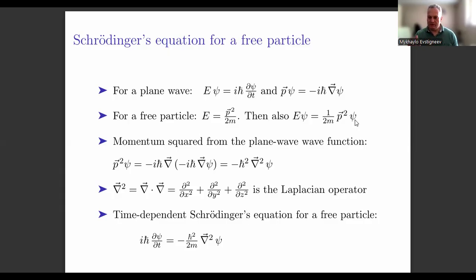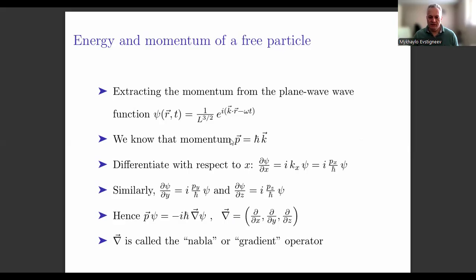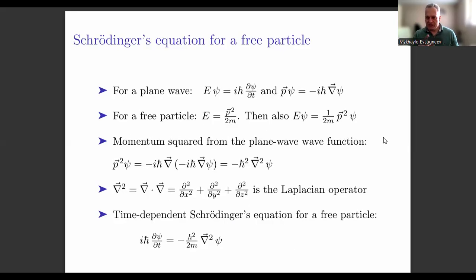Px squared, py squared, and pz squared can be extracted from the plane wave function here by differentiating it with respect to x, y, or z twice. In other words, you apply the momentum operator negative i h bar gradient 2 times.